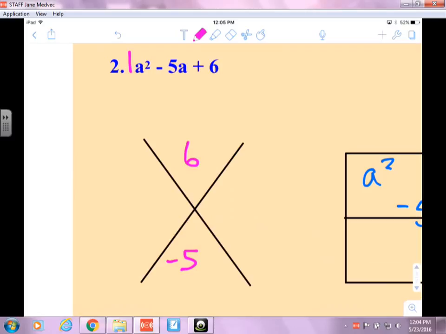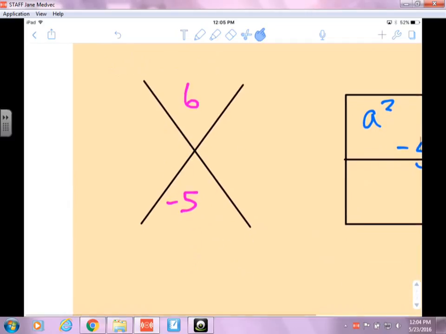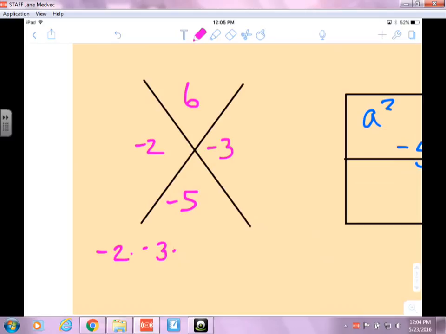Now what two numbers, when I multiply them together, will give me 6? And if I add them together, they would give me -5. Yes? -2 and -3. Okay, she thinks it's -2 and -3. Let's take a look. -2 times -3 gives me 6. Okay, that's good. -2 plus -3 gives me -5. Yep, those work. That's good.